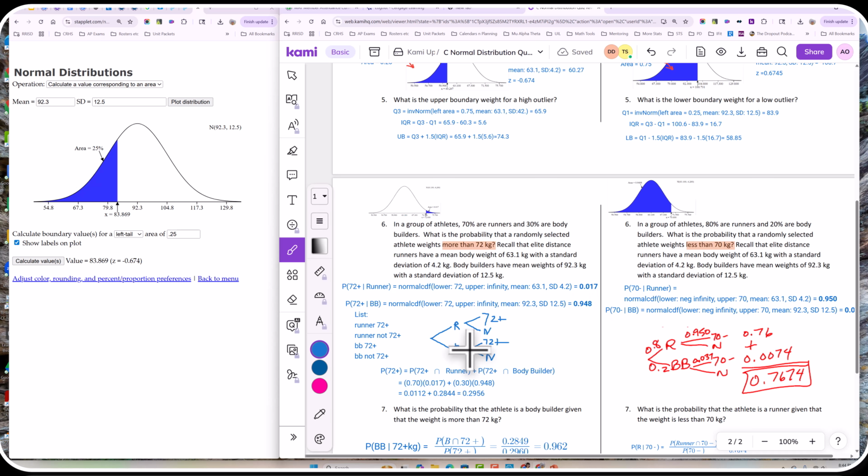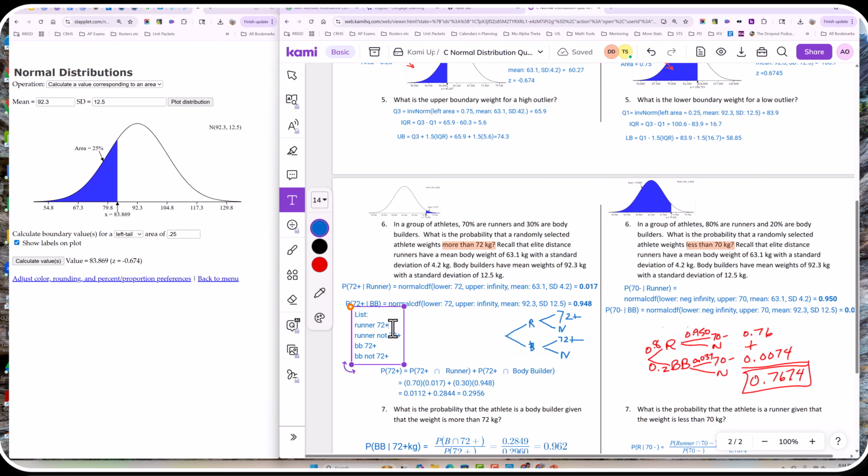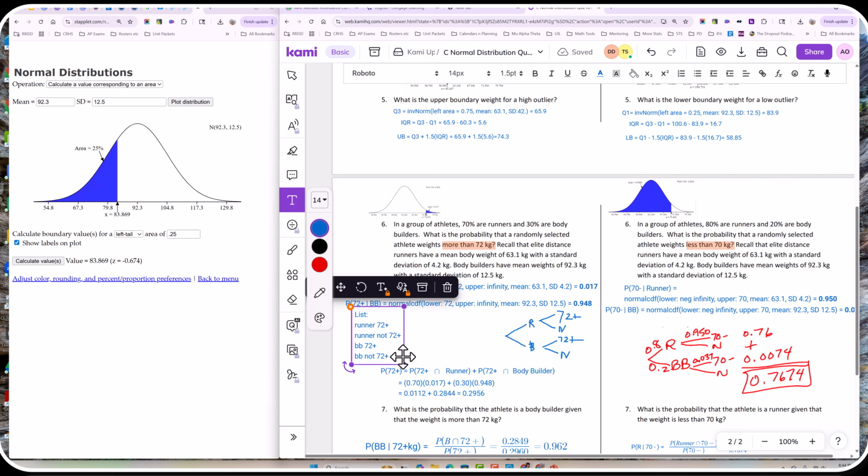So what you can do, let me go ahead and move this to the right, is you can basically take these lists. So runner and 72 plus, right? Well, that's going to be the probability of that. Let me just write the probability: the probability of a runner, which is 0.7, times the probability that they weigh at least 72 pounds.